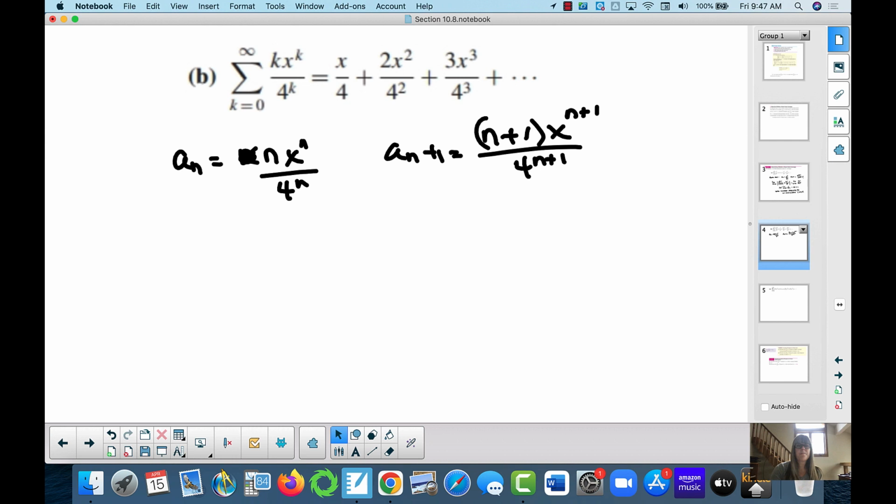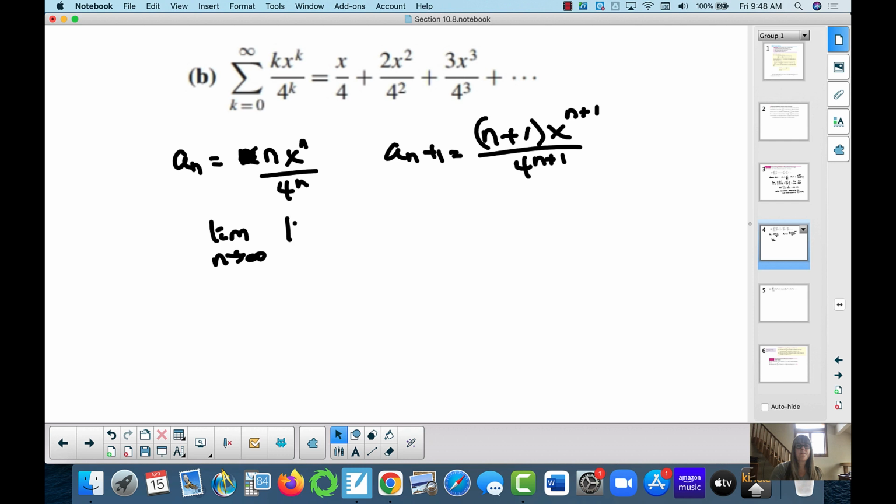So once again, we're going to do the limit as n approaches infinity of the absolute value of a sub n plus 1 over a sub n. So the absolute value only needs to go for the x. So again, I'm going to do a sub n plus 1 times the reciprocal of a sub n instead of dividing them.